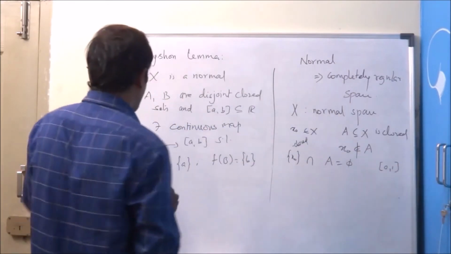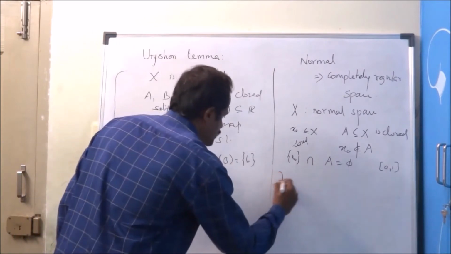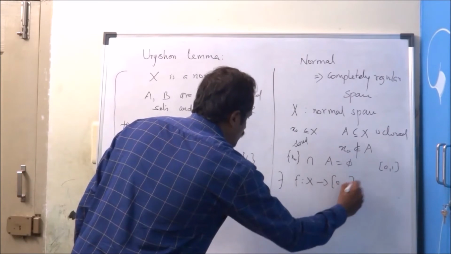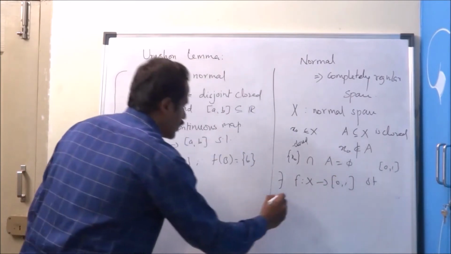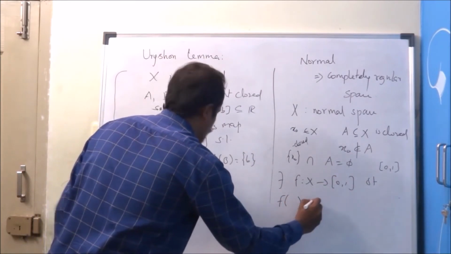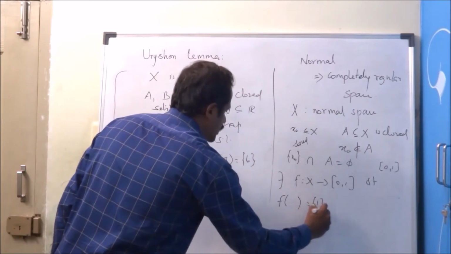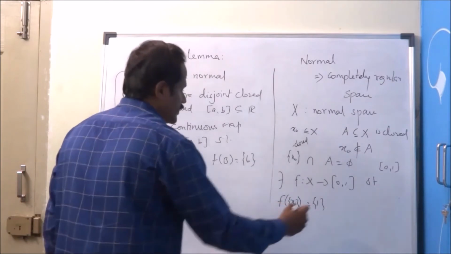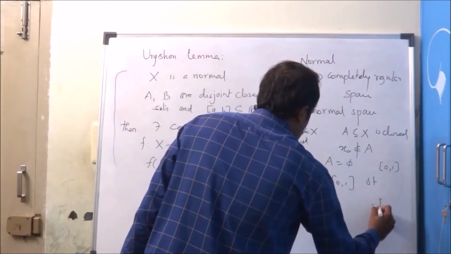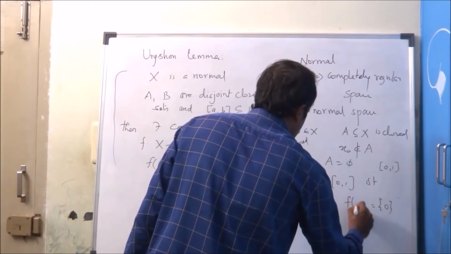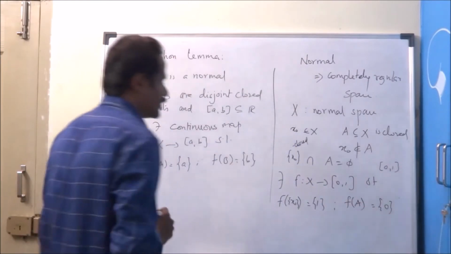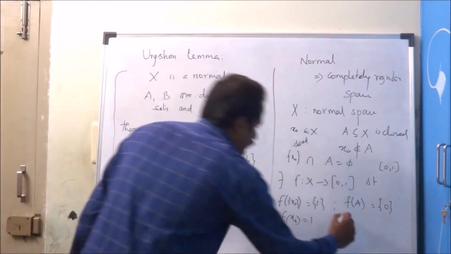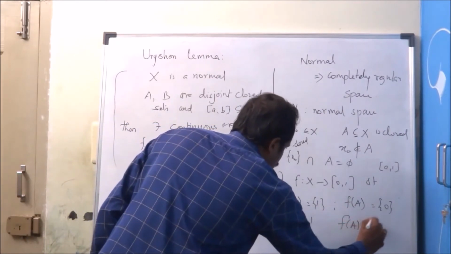Then the theorem guarantees that there is a continuous map f from X to [0, 1] such that f assumes the value 1 on the first set and f assumes the value 0 on the second set. That is, f of x naught is equal to 1, f of A equal to singleton 0.